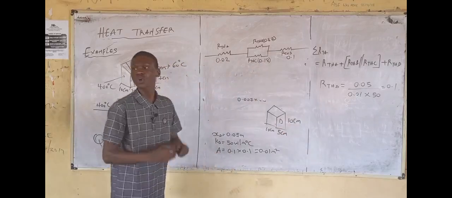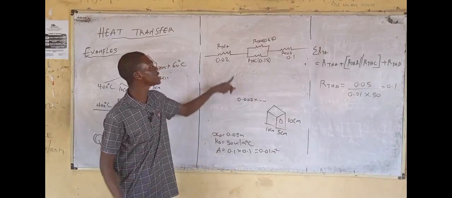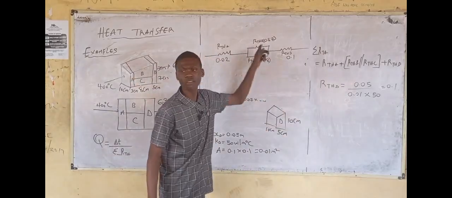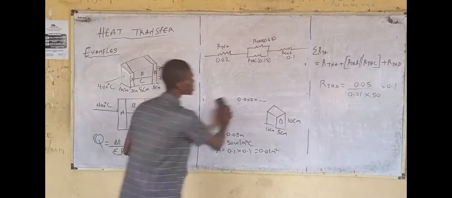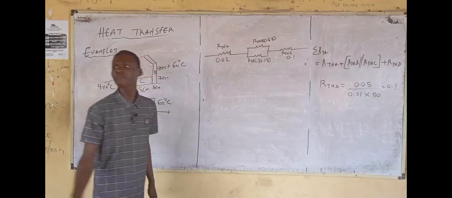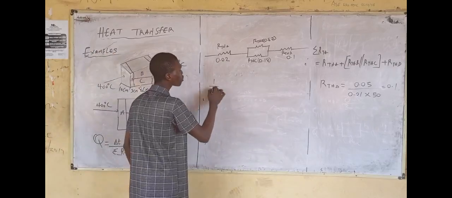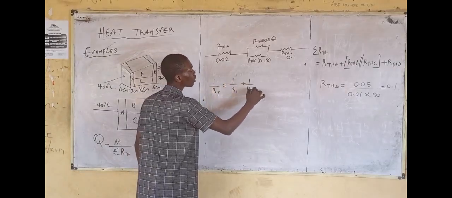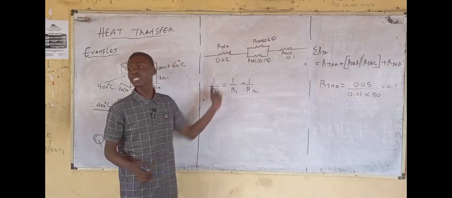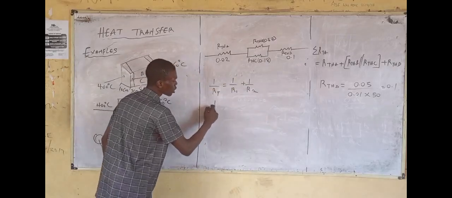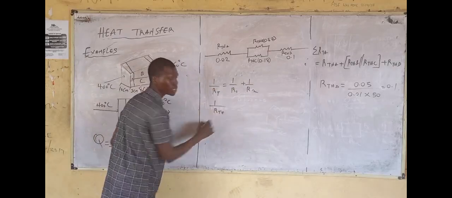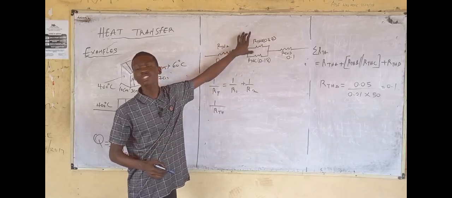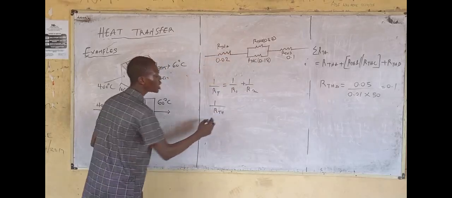Now, to get the total thermal resistance, this and this are in parallel. That's why we are having this formula. Now, let's solve for parallel resistance. For parallel, 1 over R total is equal to 1 over R1 plus 1 over R2. So we are applying that knowledge here. Let's call the parallel resistance RTHQ.